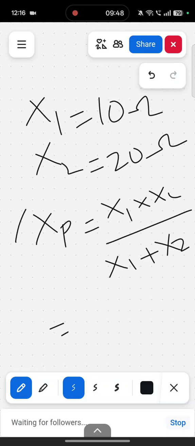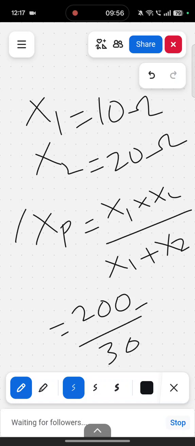Now x1 into x2, 20 into 10, that is 200, divided by 20 plus 10, that is 30. If you calculate this value, you will get approximately 6.7 ohms as the equivalent resistance in parallel combination.